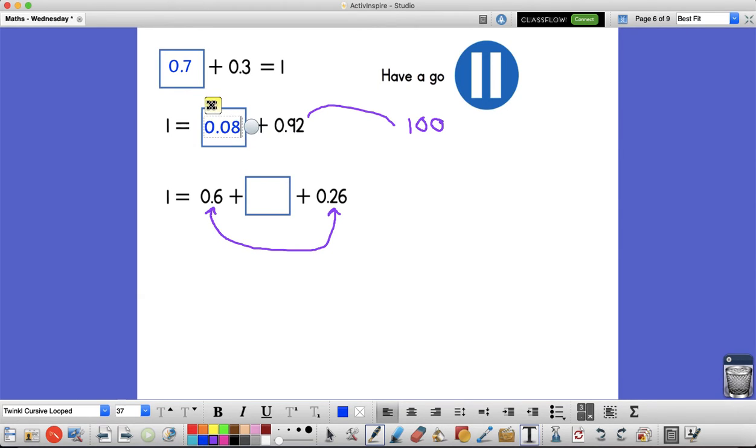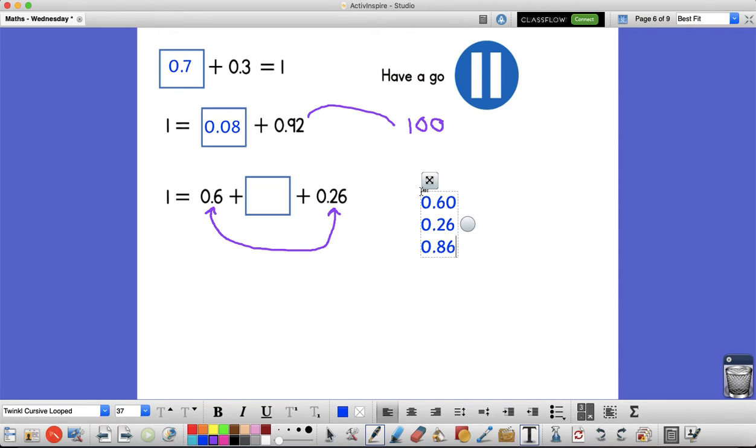And then the third one, the first thing I would have done is use my column addition. So I would have done 0.6 and then added to that 0.26. I put a 0 there to help me with my place value. So 0 add 0 is 0, decimal point in, 6 add 2 is 8, and 0 add 6 is 6.